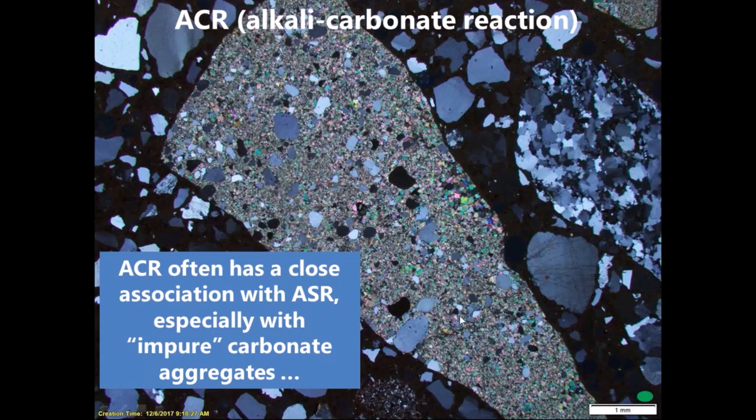So this picture is a microscopic image of what a dolomite aggregate looks like. All of the gray and white and black chunks that you see in that aggregate particle are quartz. All of the brightly colored specks that you see in there, for lack of a better term, that's dolomite, calcite.